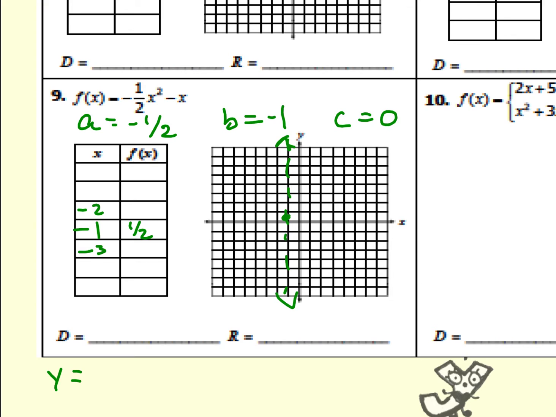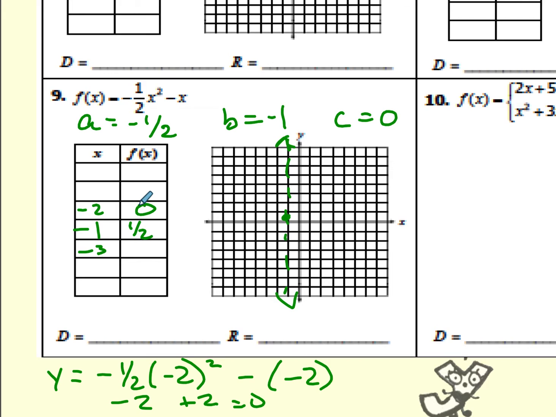So if I plug in a negative 2, I get negative 1 half times negative 2 squared minus negative 2. Negative 2 squared is 4. Half of 4 is 2, which makes a negative 2. Minus a negative 2 makes a positive 2. And that makes 0. And knowing that these are each one to the left and one to the right of the vertex, I know that at negative 3 I also would have a 0.